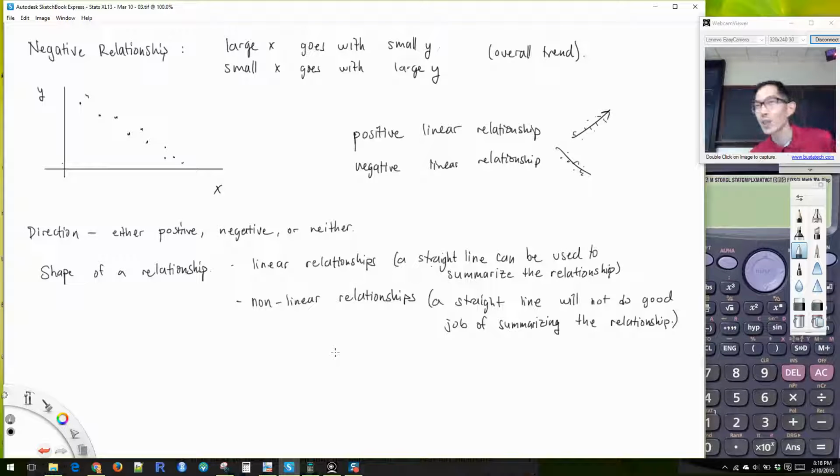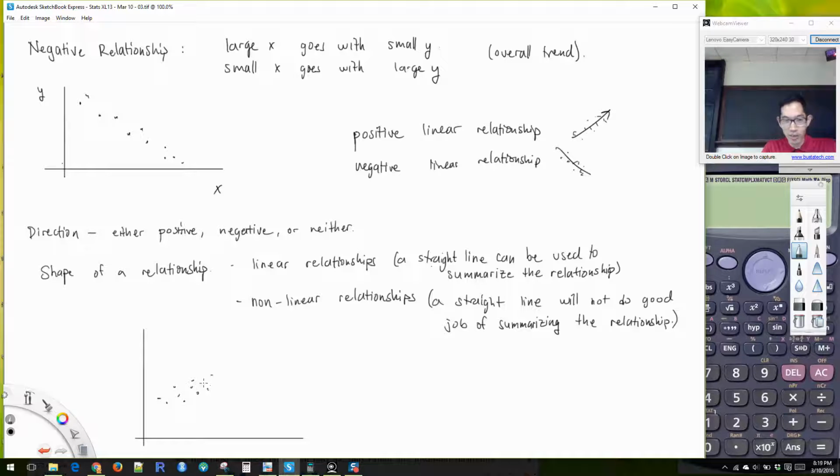Our eyes and our brains are very good at detecting patterns and seeing if a straight line relationship exists or not. Our brain and our image processing abilities are very good.